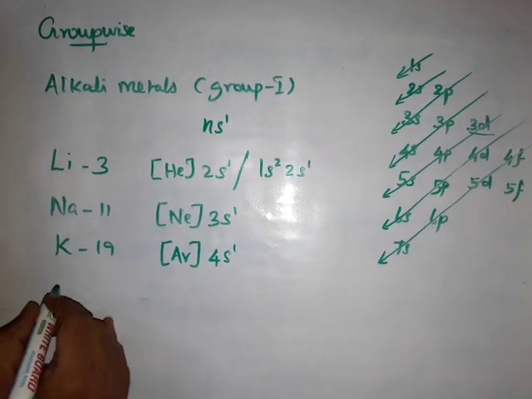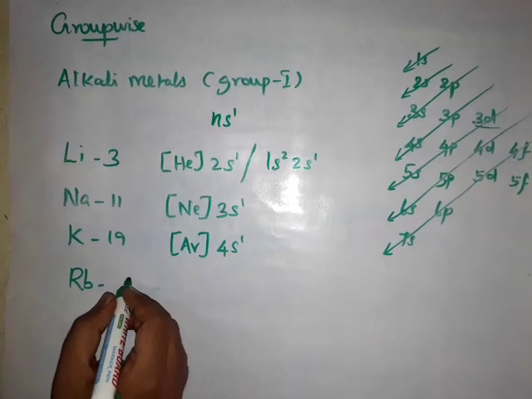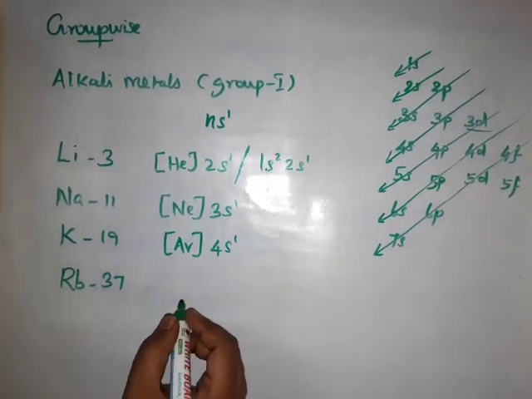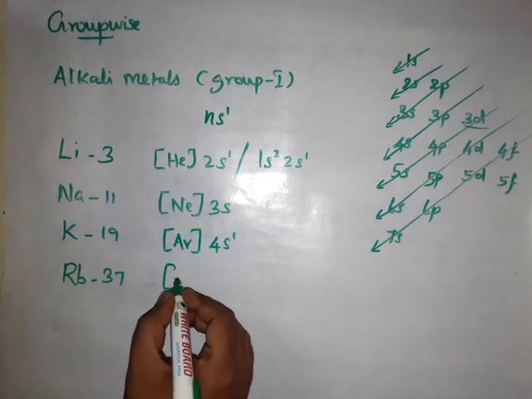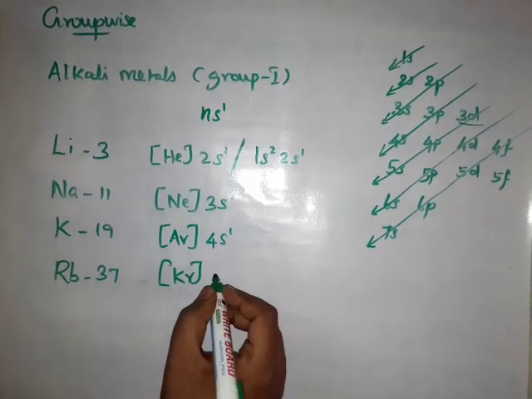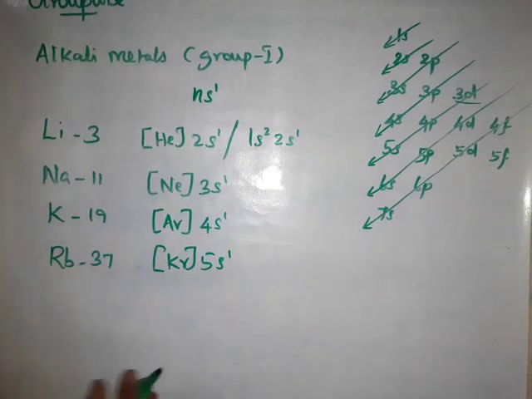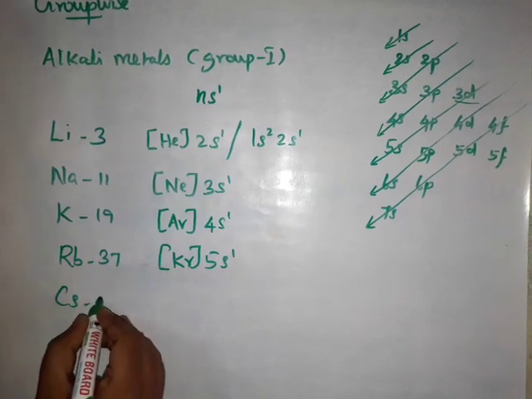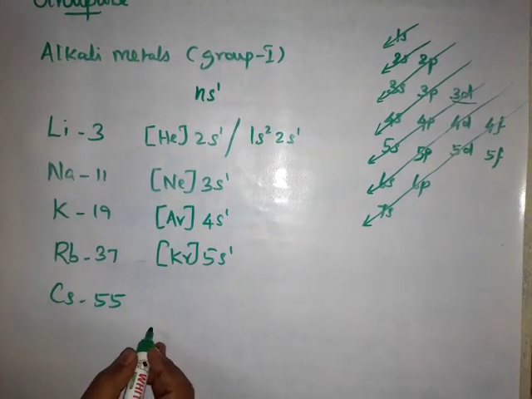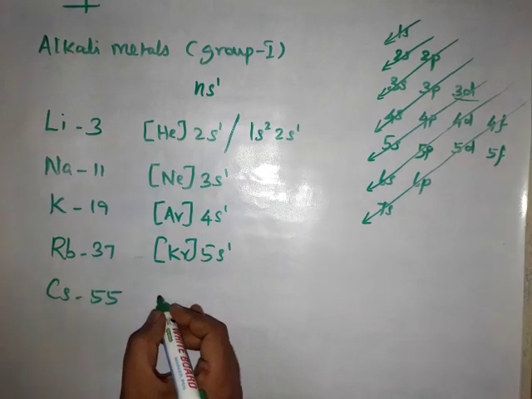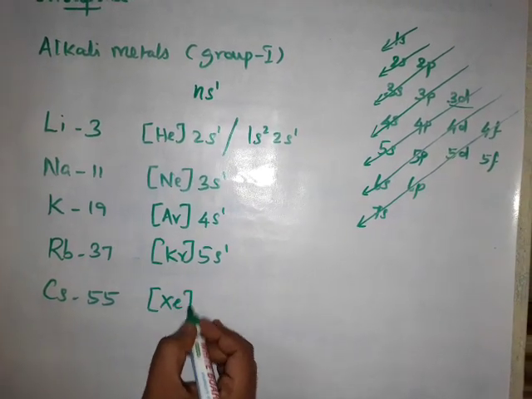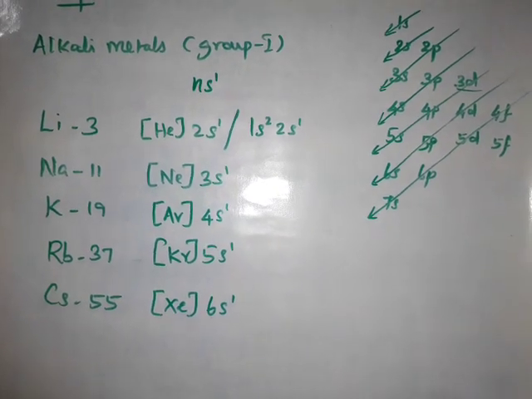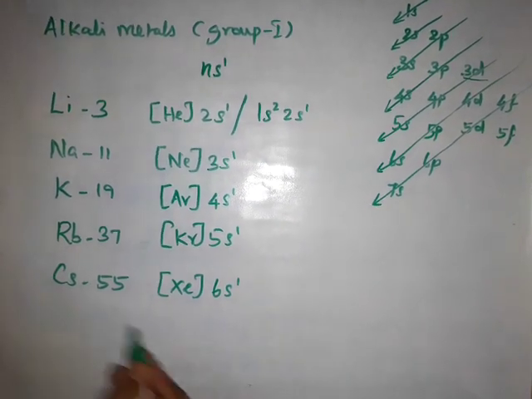Then rubidium, atomic number 37, has krypton 5s1. Then cesium, atomic number 55, has the electronic configuration xenon 6s1. And like this, the group 1 elements.